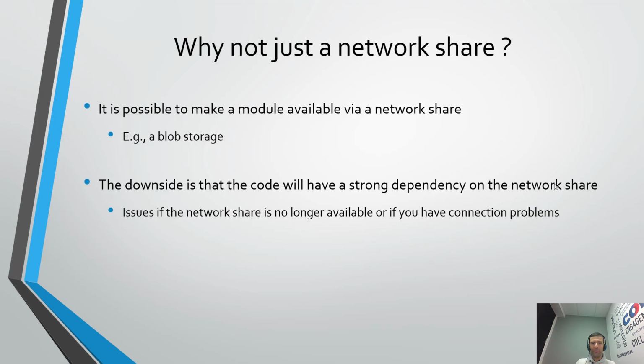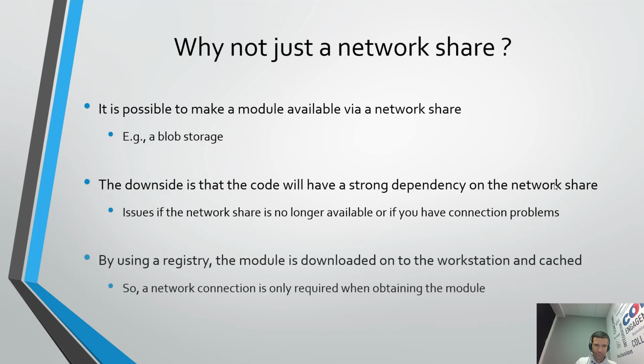It means that if there are issues and the network file share is no longer available because you have lost internet connection, then you won't be able to use that module. However, by using a registry, the module is downloaded on your workstation and cached on that workstation. Hence, a network file share is only required when obtaining the module, so when you pull the module from your registry.